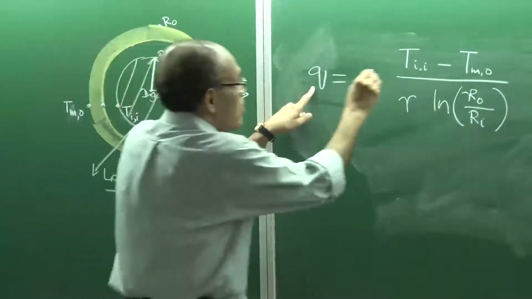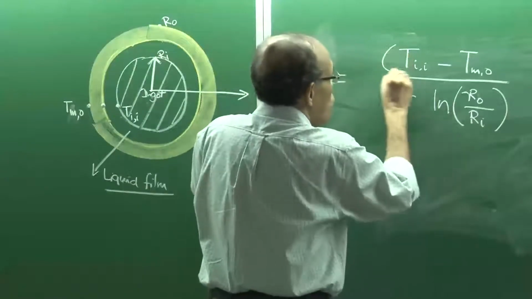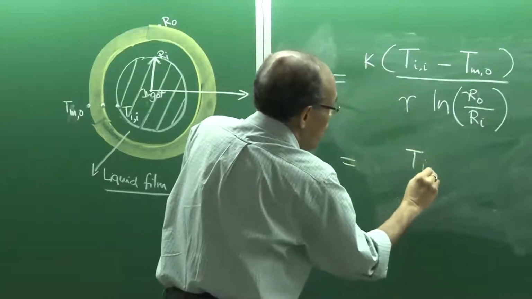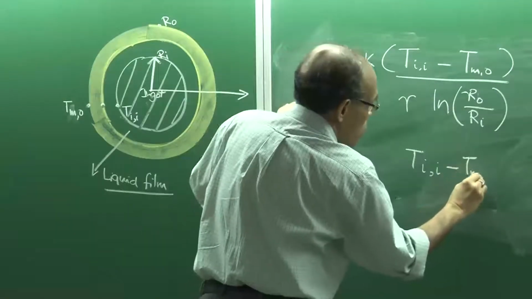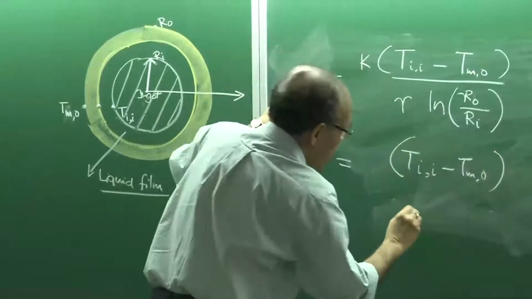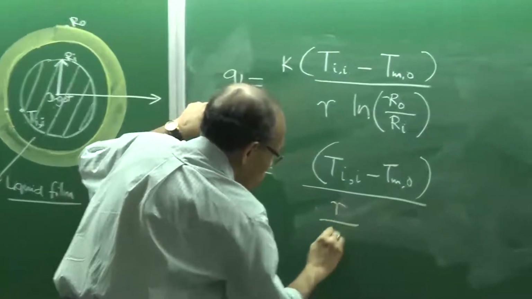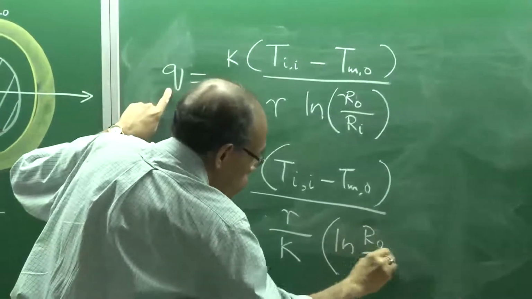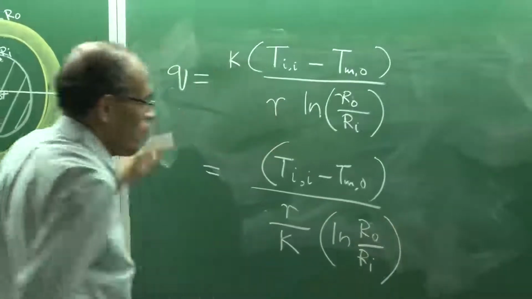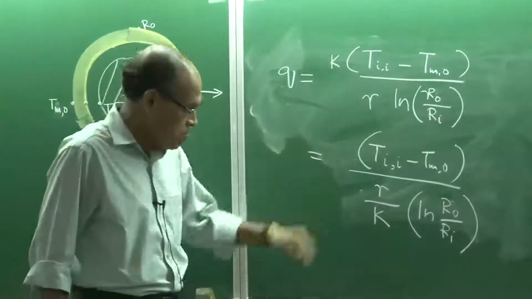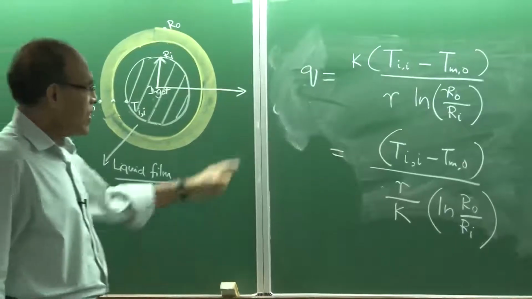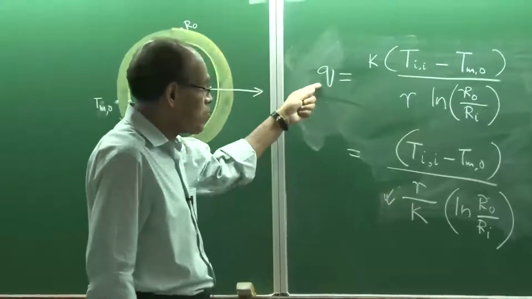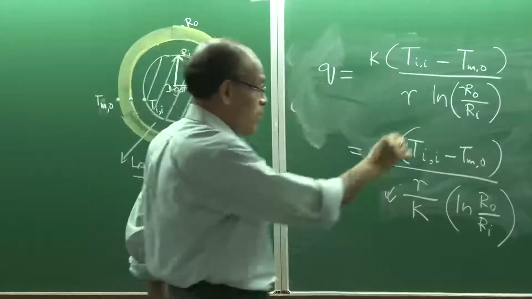So this basically is the flux. If you want to define a thermal resistance, the thermal resistance becomes this, with respect to flux. There are two possibilities, as I have indicated.